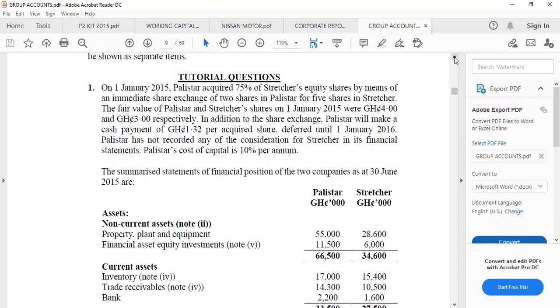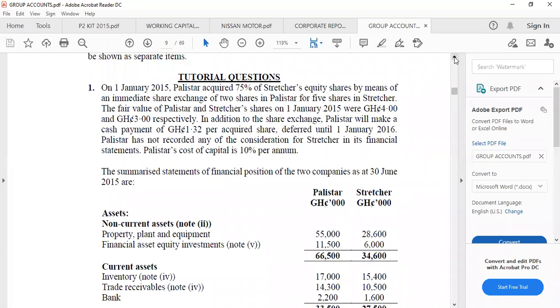Calista will make a cash payment of 1.32 per acquired share, in addition to the share exchange, deferred until 1st January 2016.